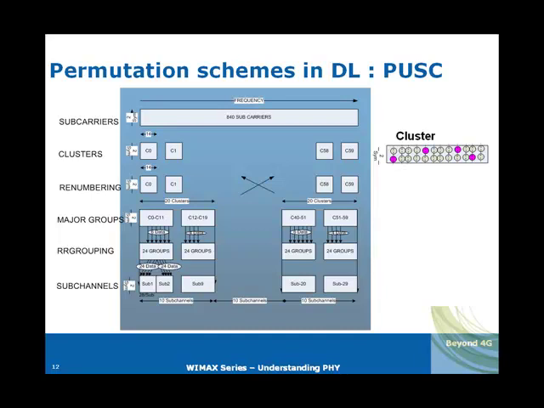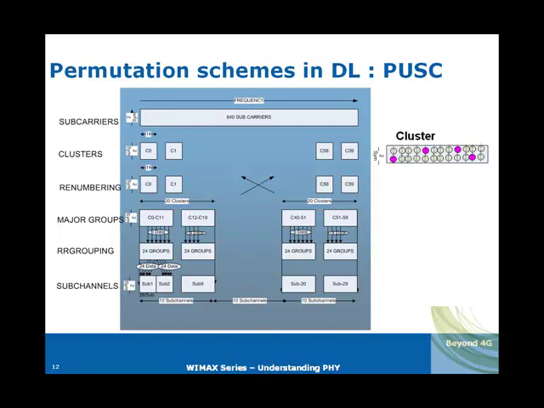The 840 subcarriers are formed into clusters, and each cluster is 14 subcarriers over 2 symbol times. So now we are left with 60 clusters. In the next step we renumber the clusters, and after renumbering, we do the major groups formation.